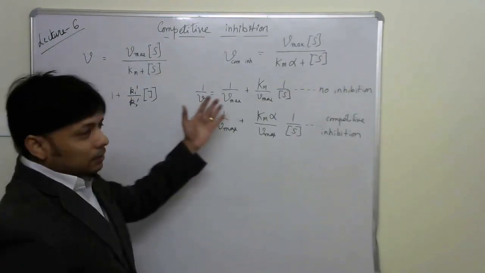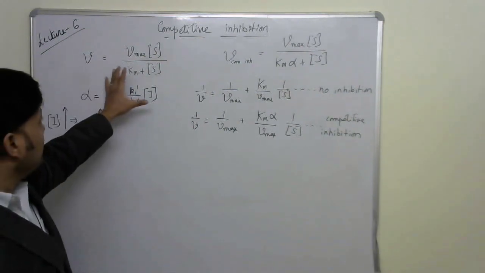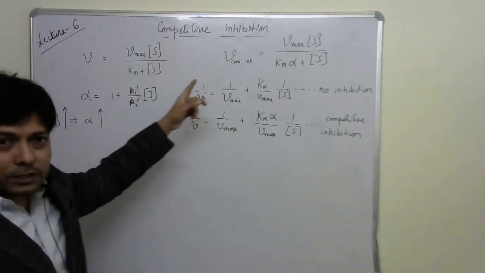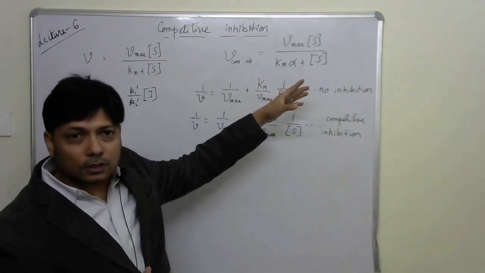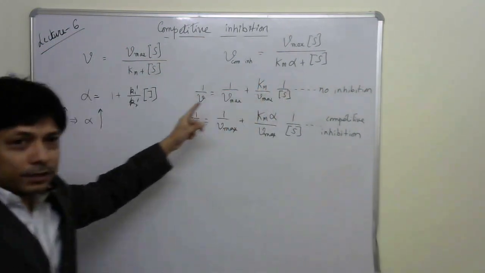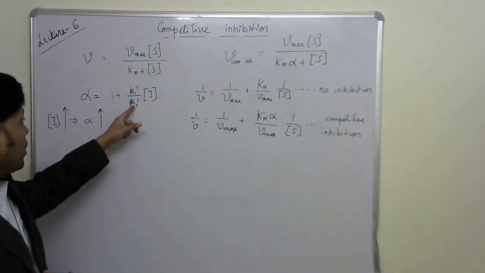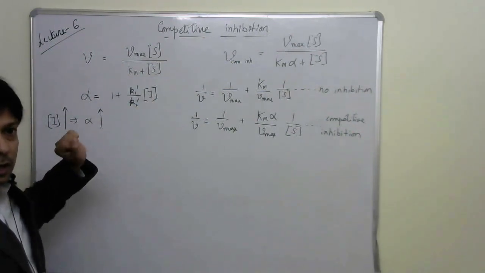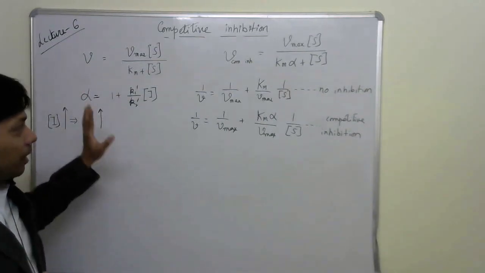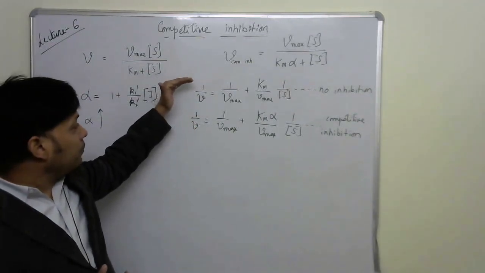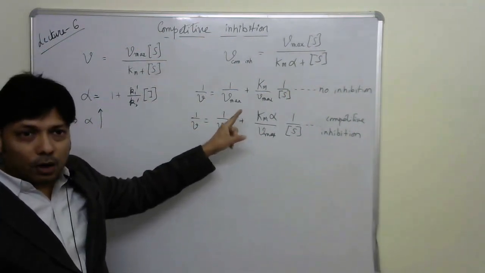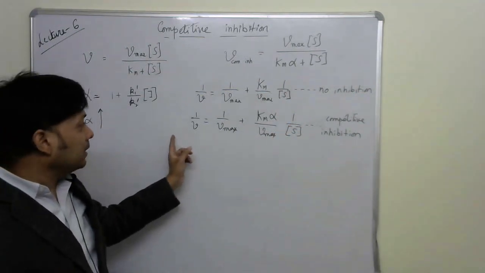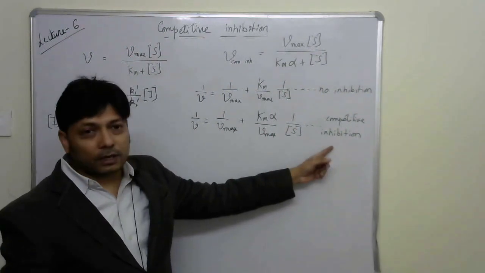So as a comparison, I have written the Michaelis-Menten equation for the uninhibited velocity versus the competitively inhibited velocity, as you can see here. Now alpha is defined as 1 plus k1 prime divided by k2 prime multiplied by I, the inhibitor concentration. So we can see that if I increases, alpha increases. And then I have written the Lineweaver Burk form of the uninhibited kinetics, and also the same for the competitively inhibited kinetics.